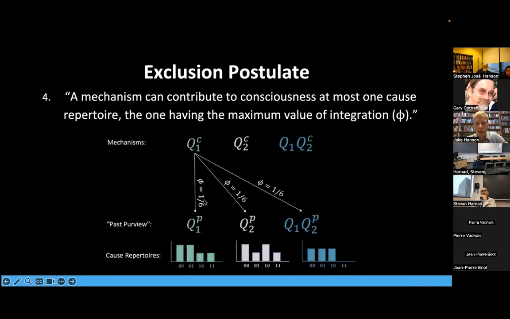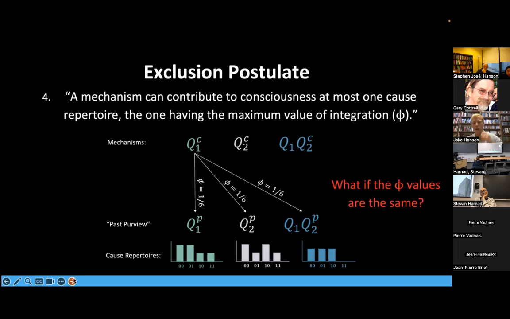So in the slide I just showed, all of these cause repertoires had the same value of little phi. And this was the first thing that kind of drove me crazy when I was trying to do this calculation. I had started with this AND-OR system, and I sat down to do the calculation, and I got to this point where I was supposed to choose one of these cause repertoires based on their little phi value, but I found that the little phi value was the same for all of them.